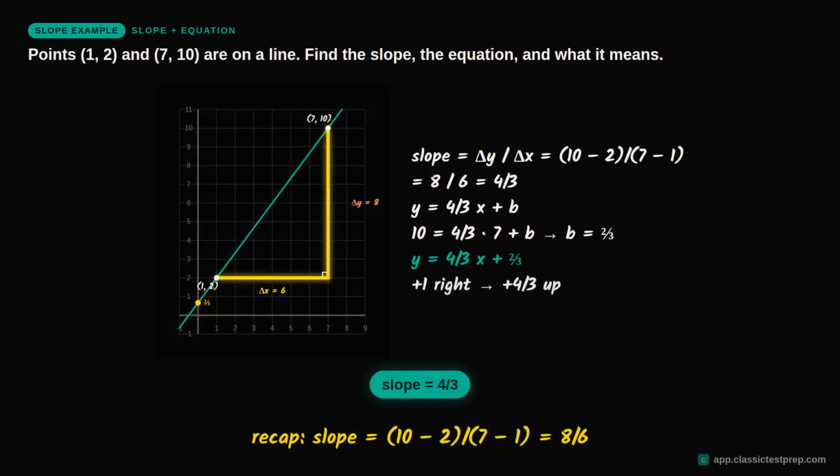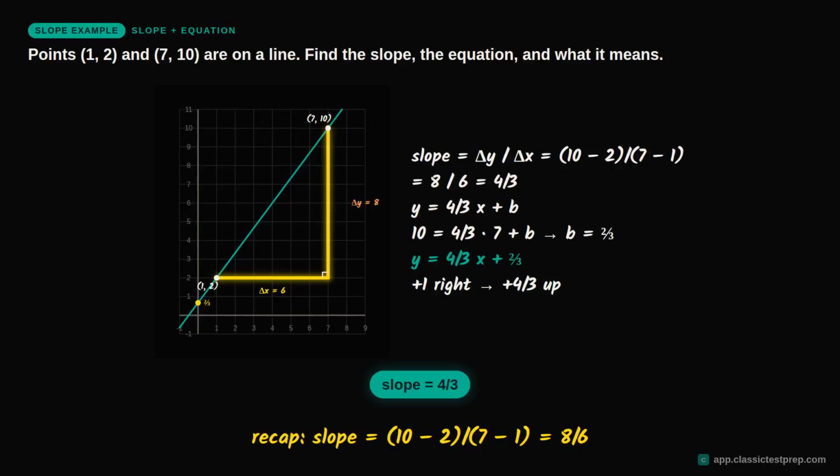So just a slope recap for the beginners. Slope is equal to the change in y divided by the change in x. So you take the second y coordinate you are given and subtract the first one. That's 10 minus 2 in this example, divided by the second x coordinate minus the first.